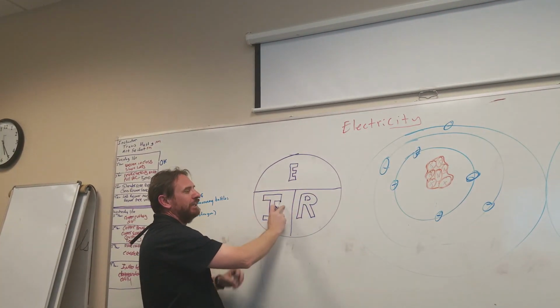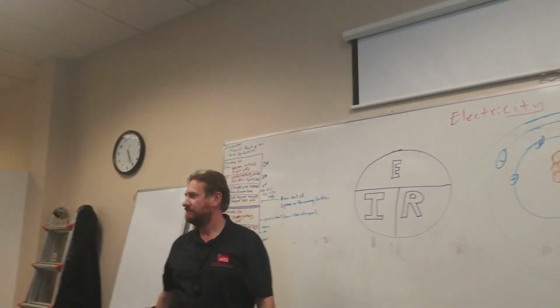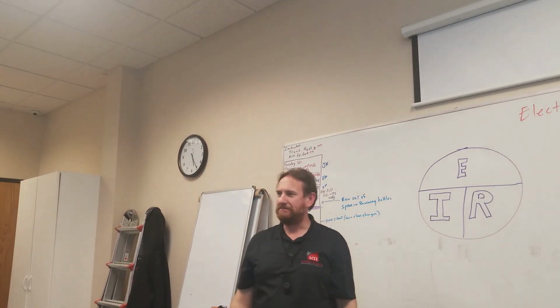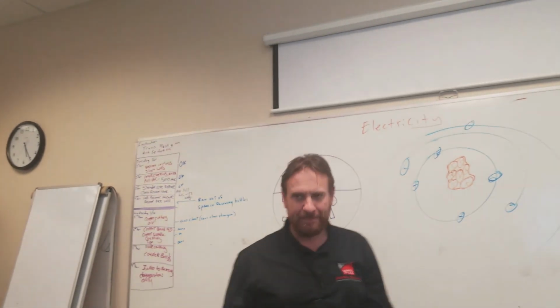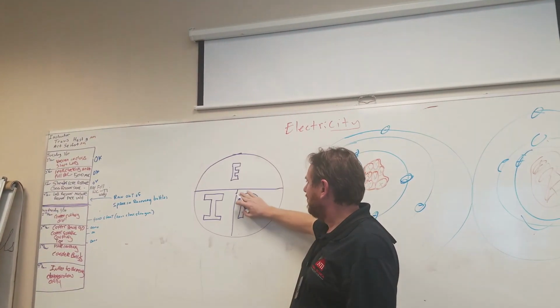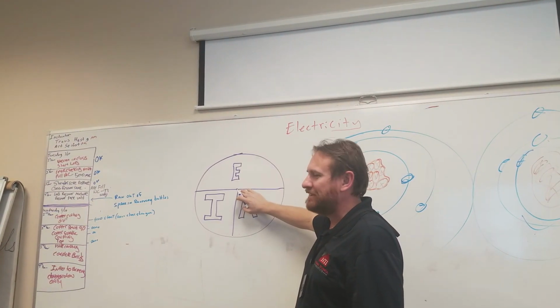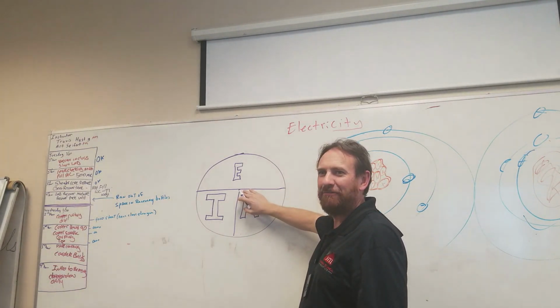E divided by R equals I. But wait, that's not all. If I take E and divide it by I, I will find R.